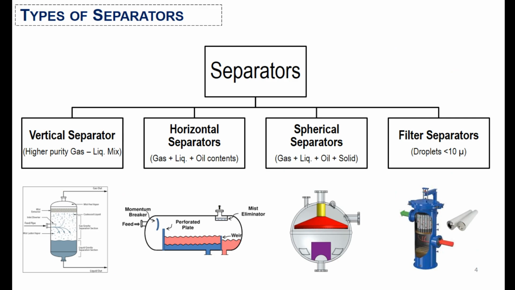Spherical separators are suitable for gas, liquid, oil, as well as solid contents, while the filter separators are suitable for those streams which have fine droplets having a size less than 10 micrometers.